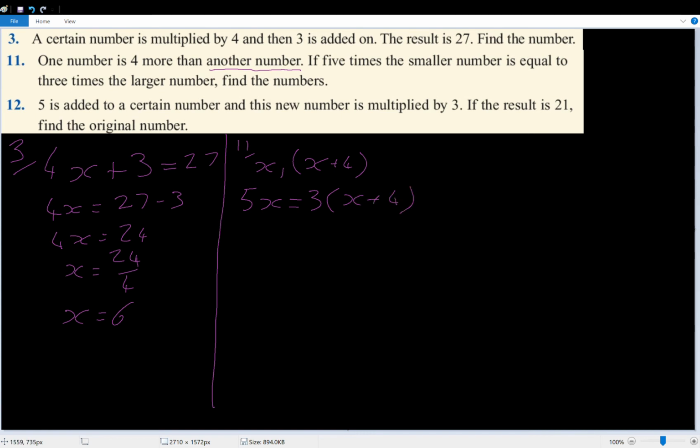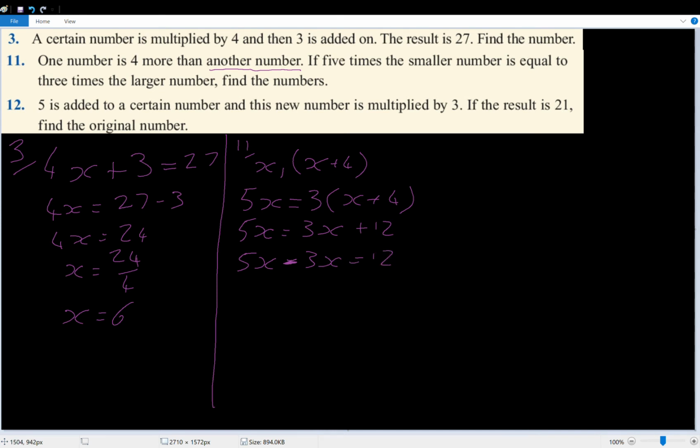And now we've got a linear equation that we need to solve, where we get x on the left and we get our numbers on the right. So what we're going to do here is we're going to multiply the bracket first. So the next one is going to be 5x equals 3x plus 12, like that. Then we're going to bring our x's to the left. So it's going to be 5x minus 3x is equal to 12.